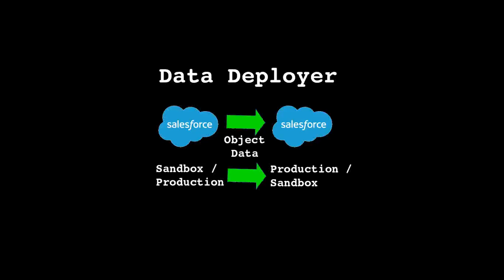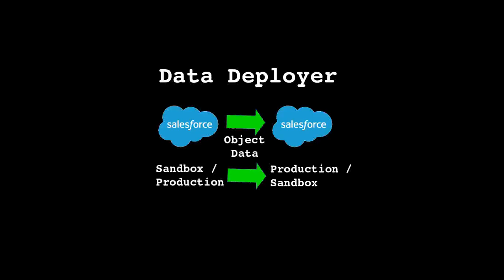That's a very manual operation, prone to errors, and I have made mistakes with that manual process. So what if we could automate this process and not need to apply any VLOOKUPs or any manual lookup of the parent IDs from the target org?